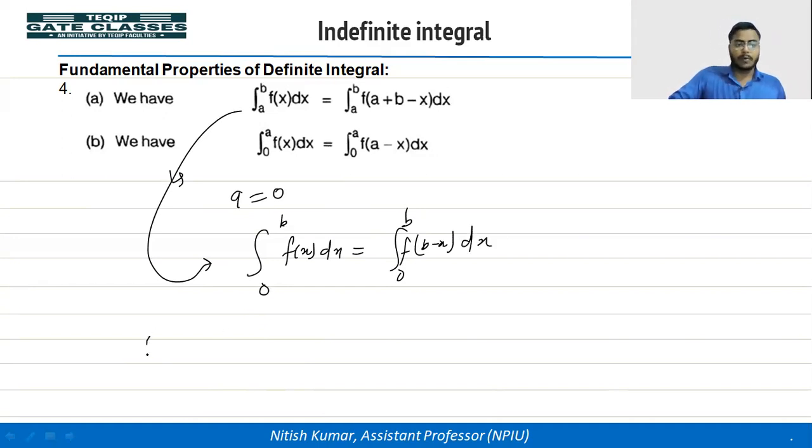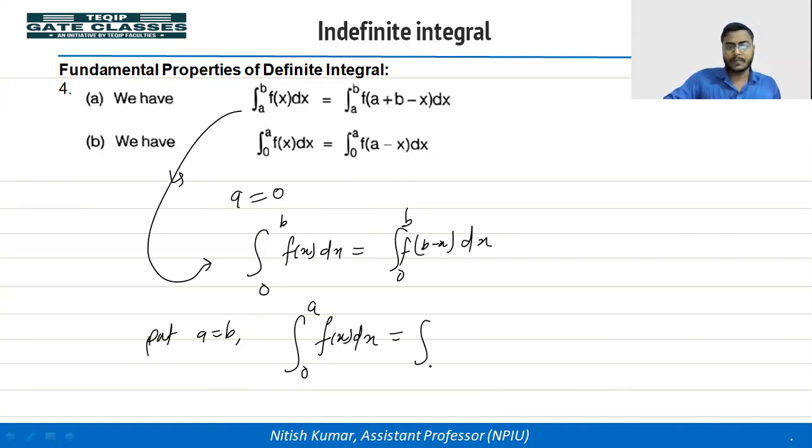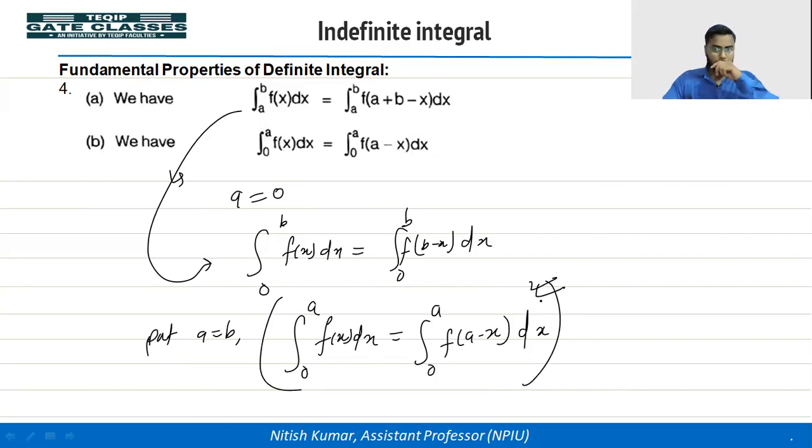Now put a is equal to b, and you get 0 to a f(x) dx, this is the general formula or general property, equal to 0 to a f(a minus x) dx.